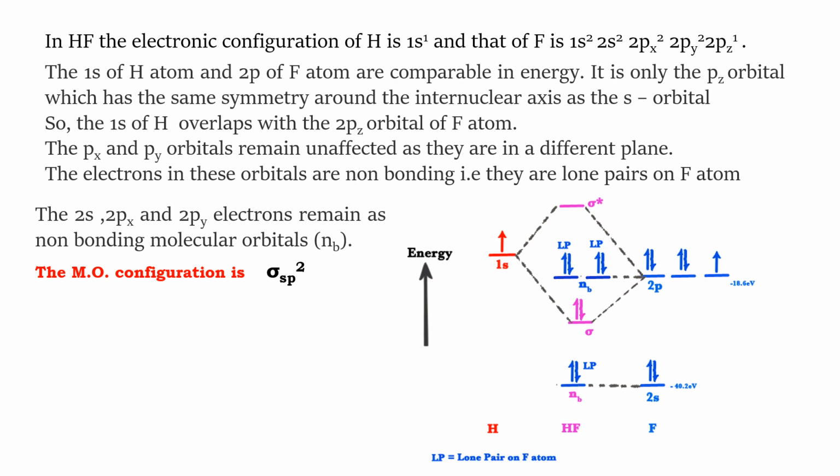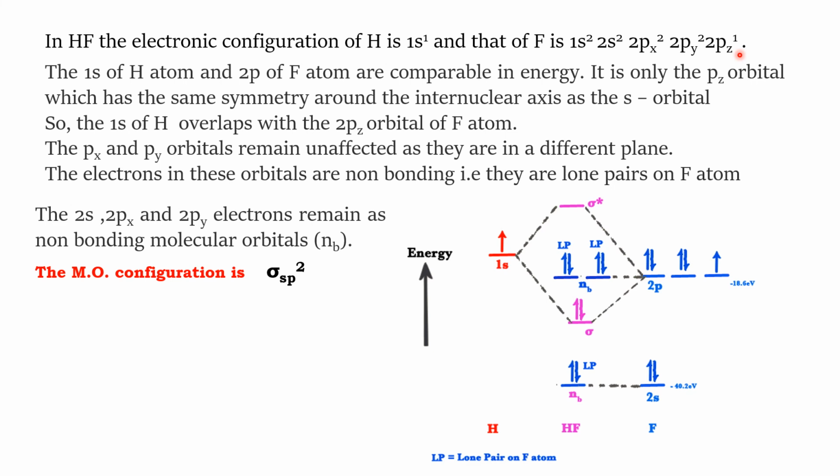Now we consider the molecular orbital arrangement of HF, hydrogen fluoride. In hydrogen fluoride, we have hydrogen and fluorine. Hydrogen is having a 1s1 configuration while fluorine is having 1s2, 2s2, 2px2, 2py2 and 2pz1 configuration.